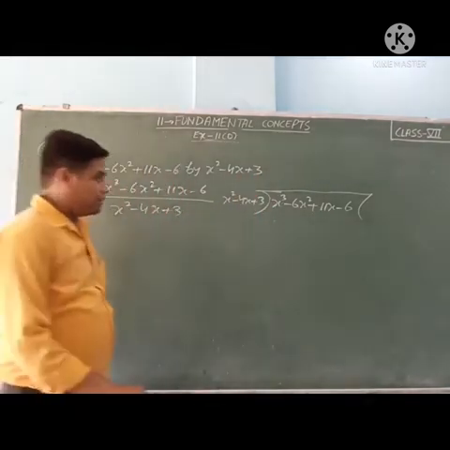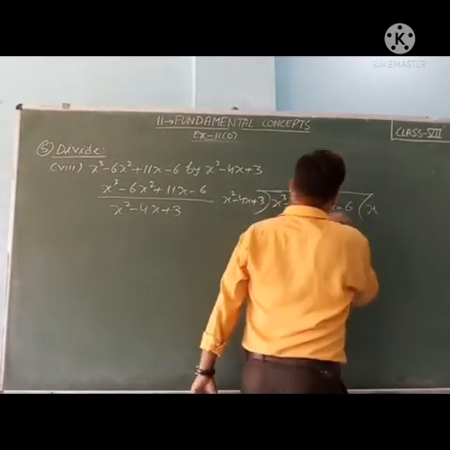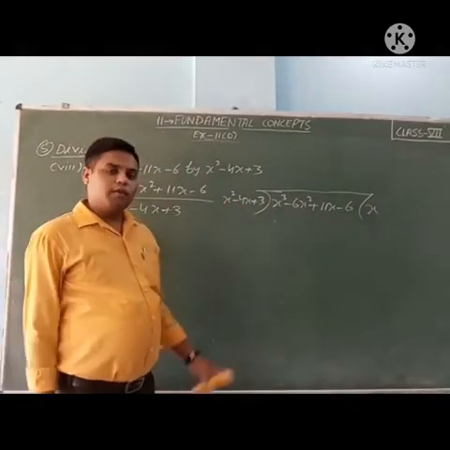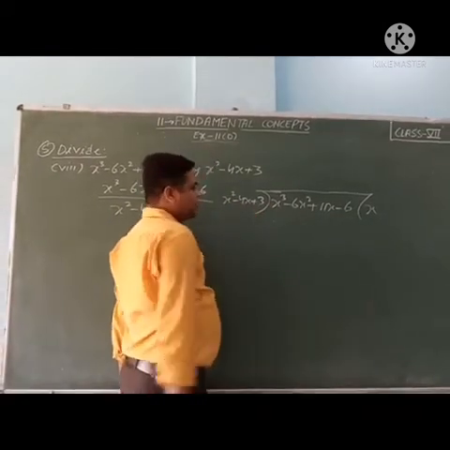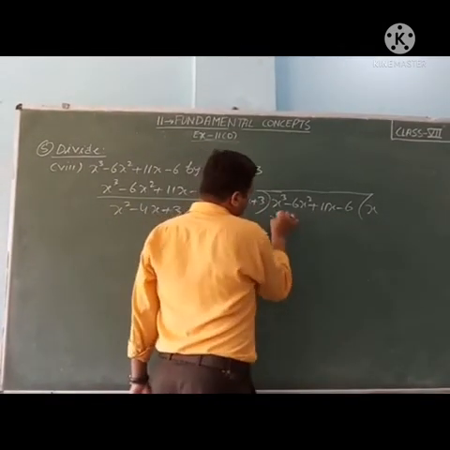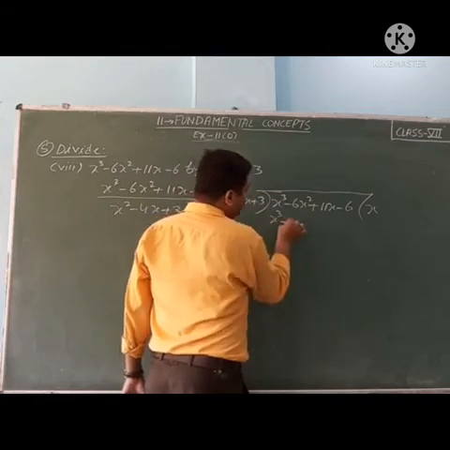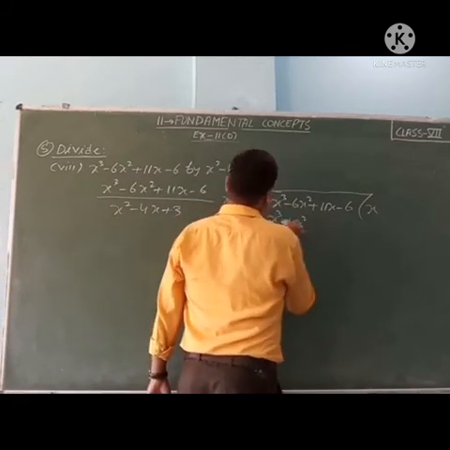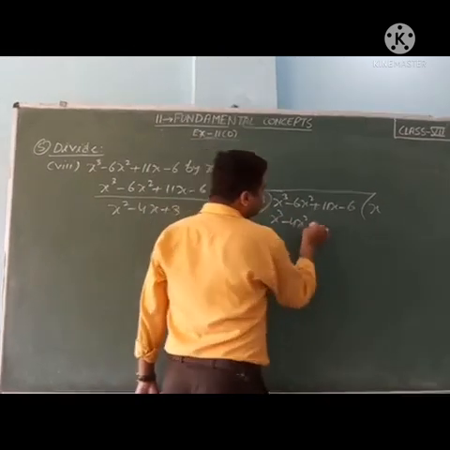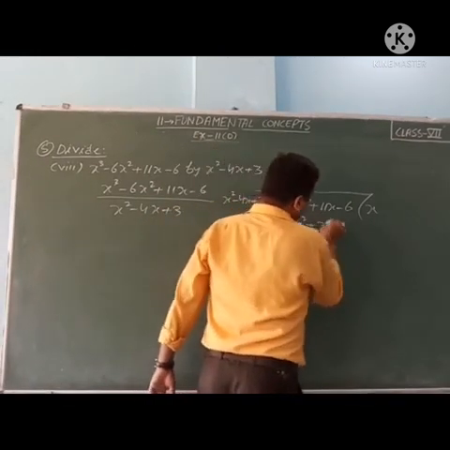So by x. x cube upon x square we will do, what will we get? x. So by x we will multiply all 3 terms. x into x square, x cube, minus plus minus 4x into x, 4x square, then plus both are positive, 3x.